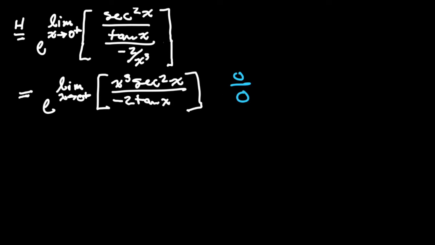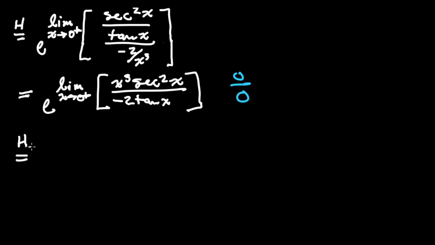And so you may say, oh, well, now does that mean I have to apply L'Hopital's rule again? And unfortunately, you do in this situation. So we're now going to apply L'Hopital's rule for the second time.